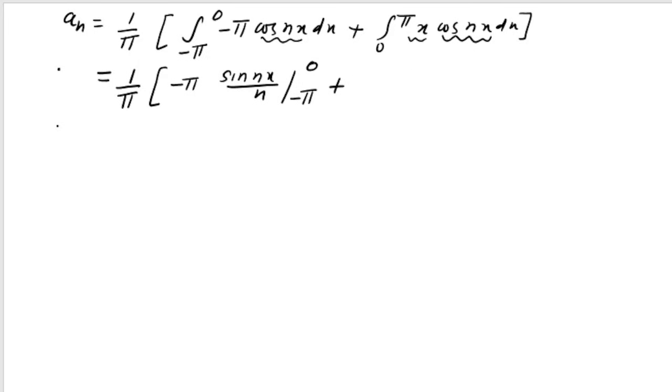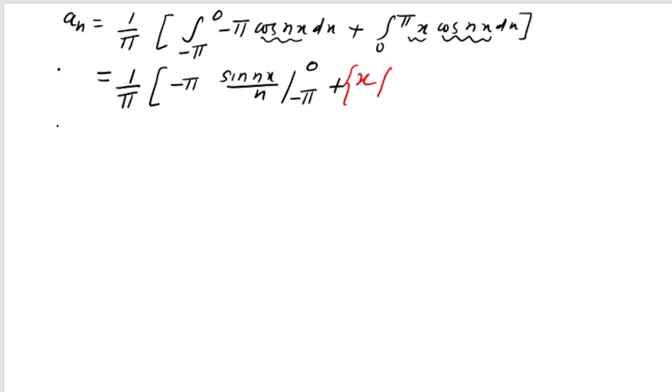I am using a different color. Let me use this green color here, just to separate it. So I write this as by integration by parts. I write the first function, this is a very poor color, so let me change it to the red only. So I write first function x, and let me use another bracket.